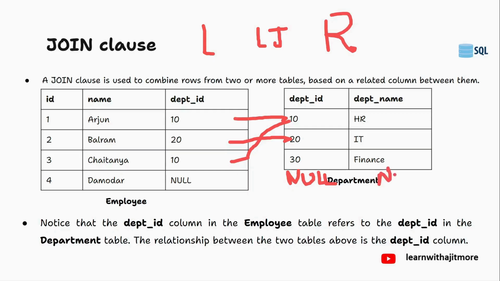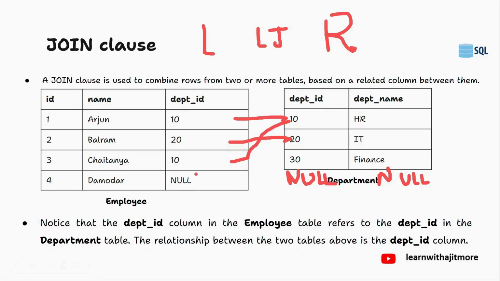For the right, what you'll get? Null. So in the output, what is going to come? 1 Arjun 10, 10 HR, 2 Balram 20, 20 IT, 3 Chaitanya 10, 10 HR, and 4 Damodar null, null, null.